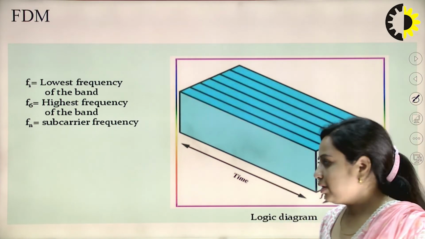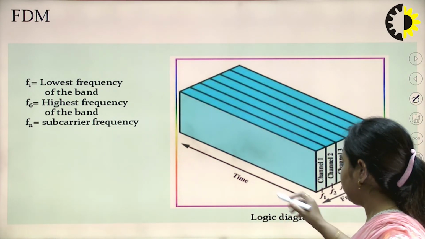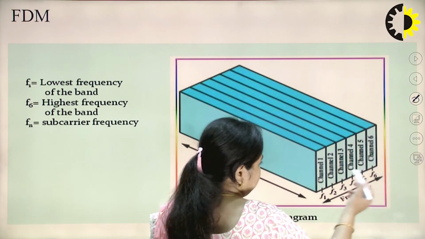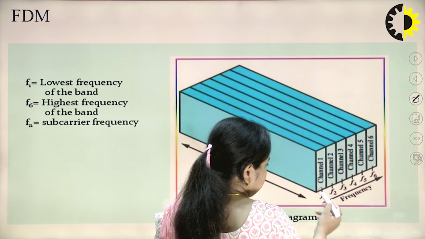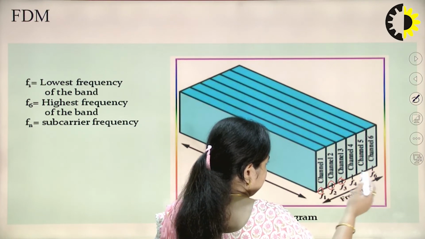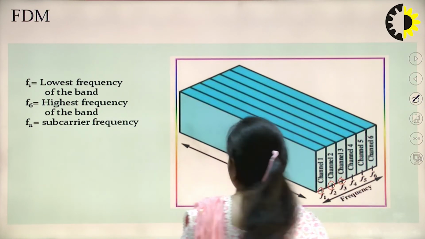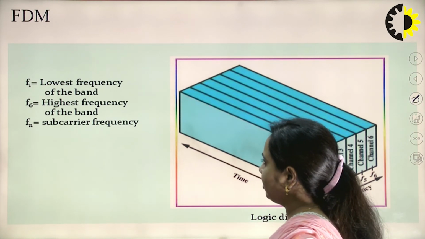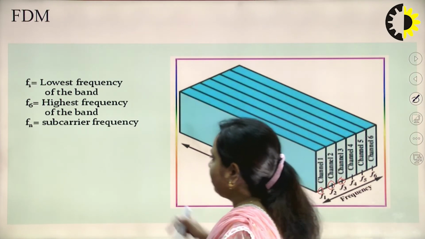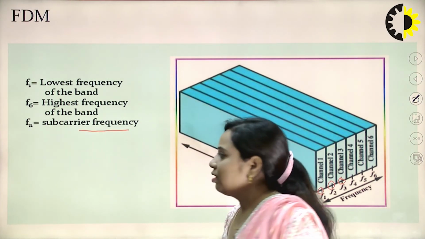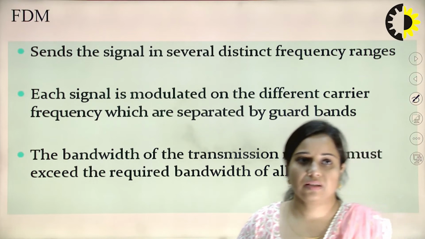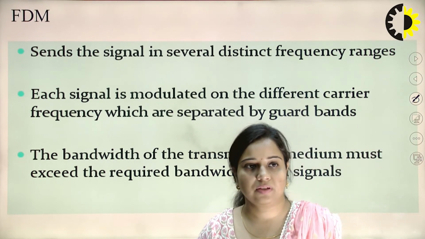Now you can see that this is a logical diagram, time versus frequency, and each channel has a center frequency, that is F1, F2, F3 up to F6. These are the different channels, and F1 is the lowest frequency of the band, F6 is the highest frequency of the band, and Fn is the subscriber frequency that we are having. So it will sense the signal in several distinct frequency ranges.